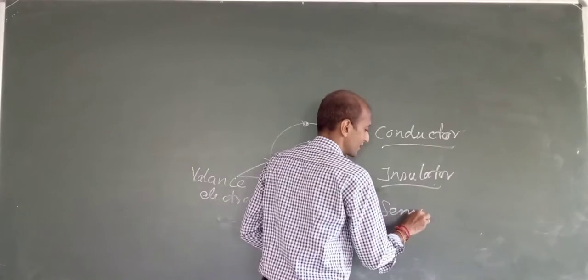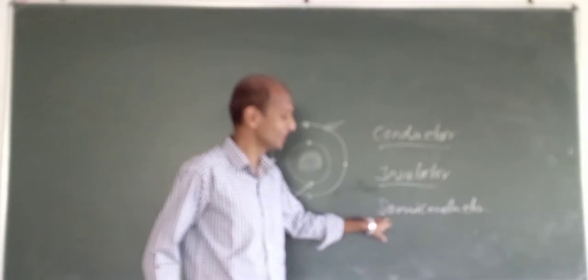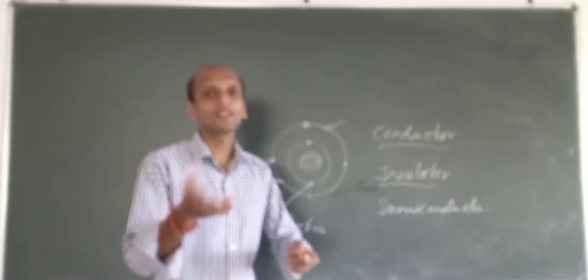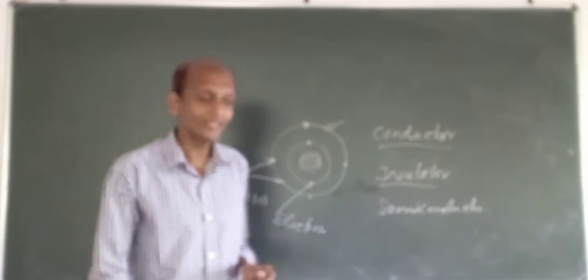We have seen all these things in our previous classes, isn't it? Now coming to semiconductors. Semiconductors are 50% conductors, 50% insulators. They will conduct electricity at about 50% of a conductor's capability, like copper. So this is how we have three categories.